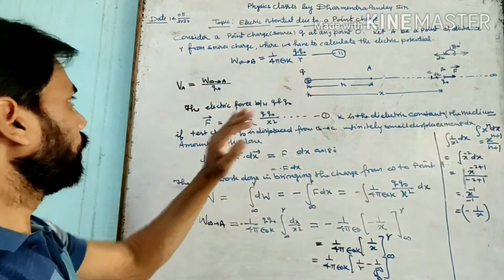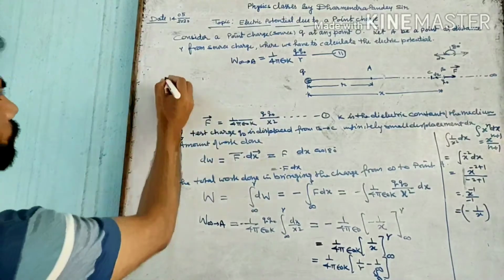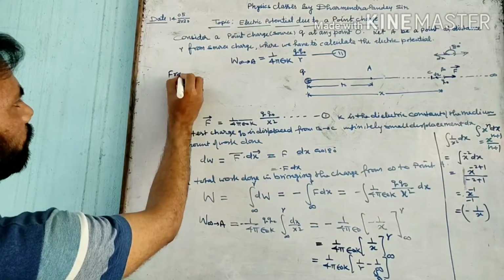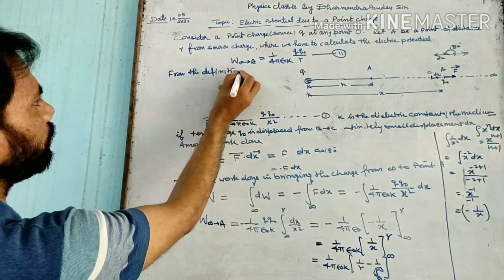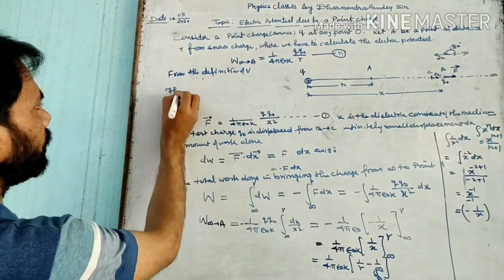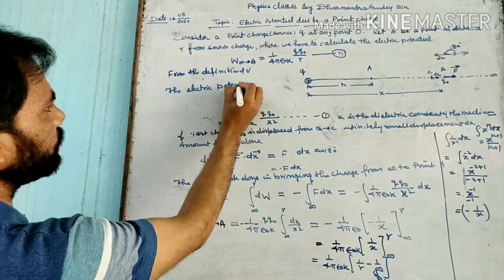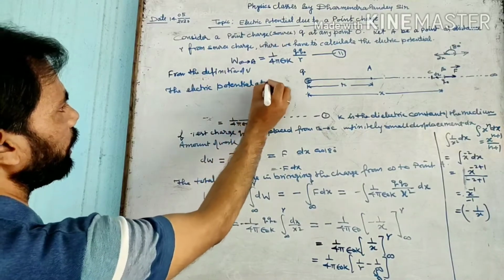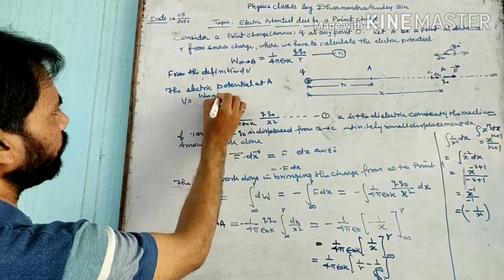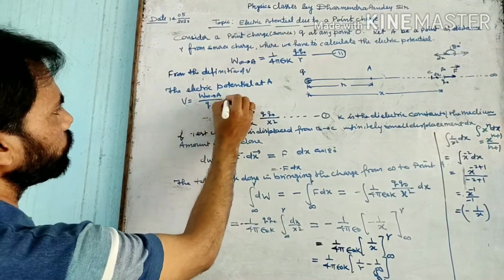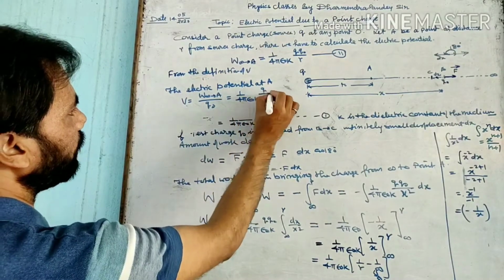And now from the definition of electrostatic potential, from the definition of V, the electric potential at A, V is equal to W infinity to A upon Q0. So we have 1 upon 4 pi epsilon 0 k Q upon R.